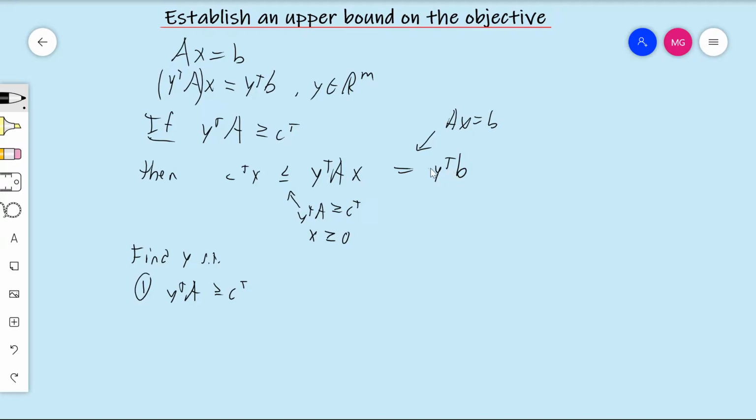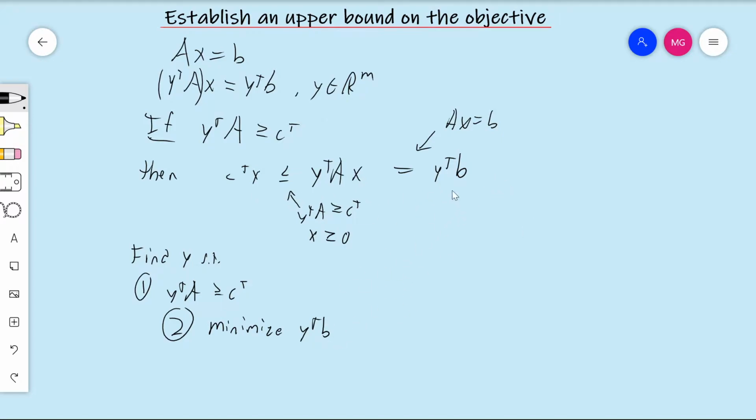Because y transpose B is always larger than C transpose x, so let's make it as small as it can get subject to this condition so that it's very close to C transpose x, for optimal solutions of x at least. Okay, so the second thing is subject to y satisfying the first condition. The second thing is that we want to minimize y transpose B.